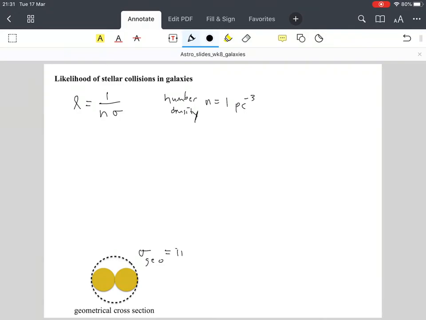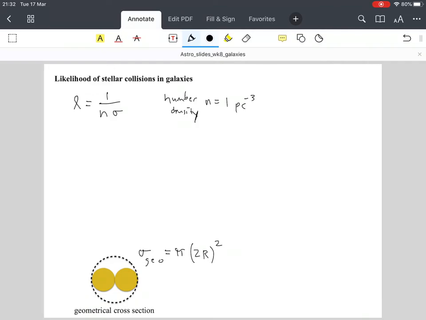And so this area of the dashed circle is pi times 2r squared. All right, so we can plug that in, and if we do, we get some average distance that the star can travel.